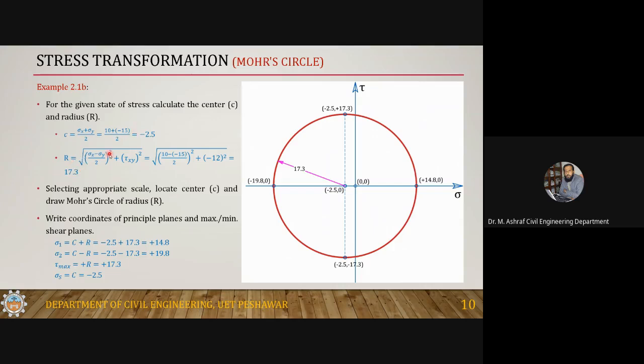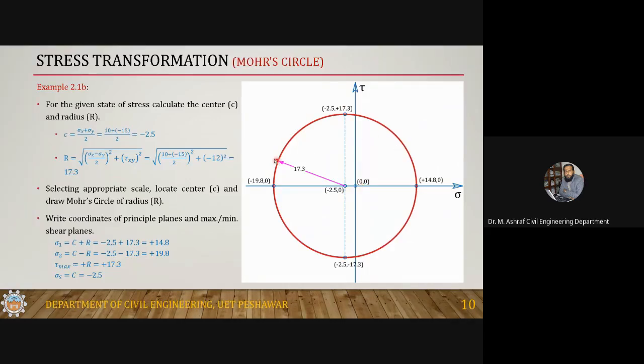So you got these 2 values. Now this is your sigma and tau plane, and this is your origin. Locate the center, which is at a distance of 2.5 from the origin according to a certain scale, and open your compass according to the same scale equal to 17.3 and draw this circle.